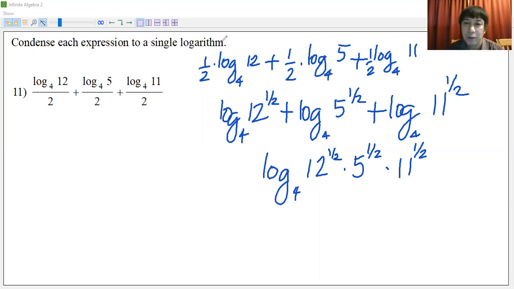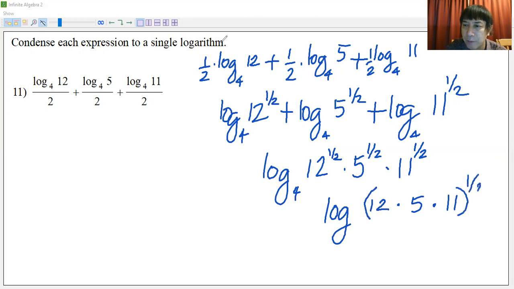Okay, we can also write this now as logarithm, since these numbers 12, 5, and 11 are all raised to the 1/2, then that means we can write this 12 times 5 times 11, and the product of this raised to 1/2. There, base 4.